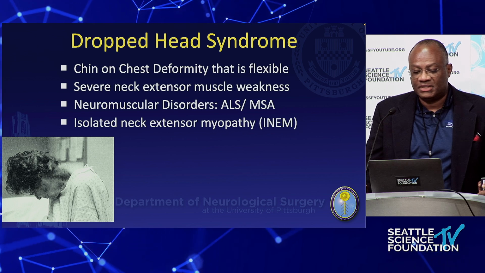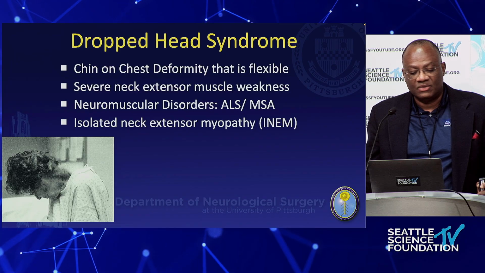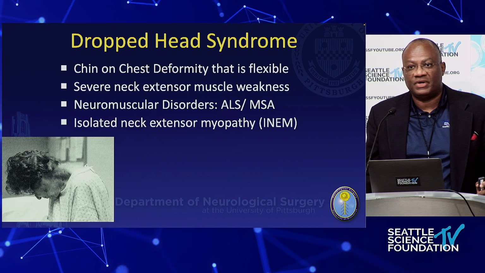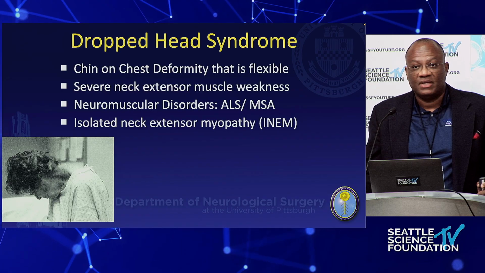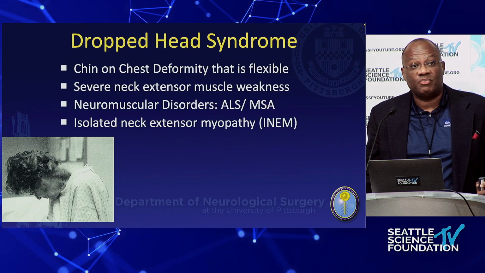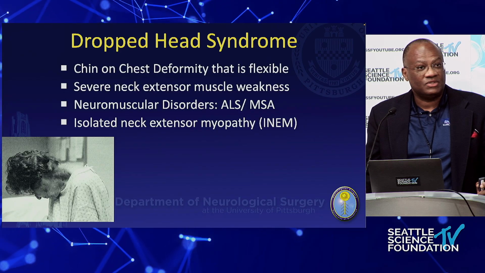outlook for most patients. However, one of the things that I do want you to have in your mind when you see this, particularly if they have intact posterior elements, have never had any surgery, or even have had surgery, because they could have a misdiagnosis and then have laminectomies to help with their neck pain or stenosis, is: do they have neuromuscular disorders?